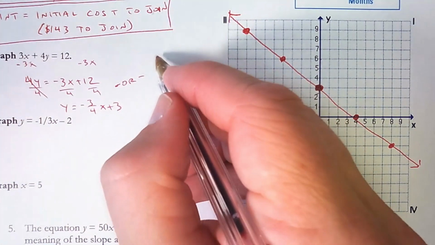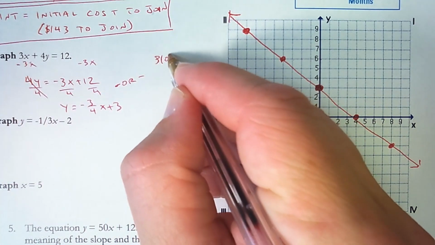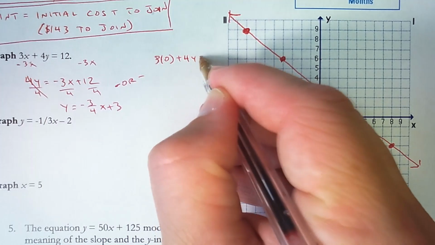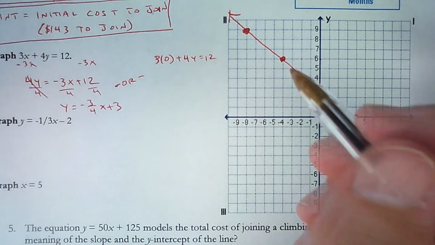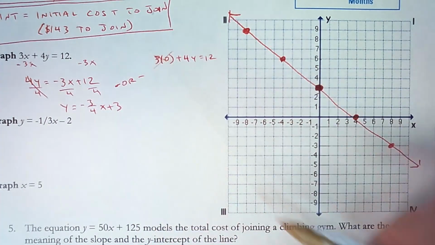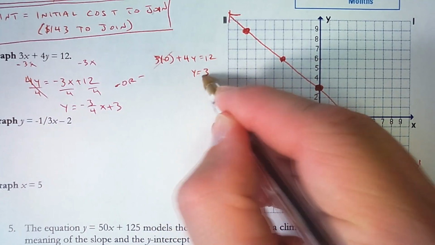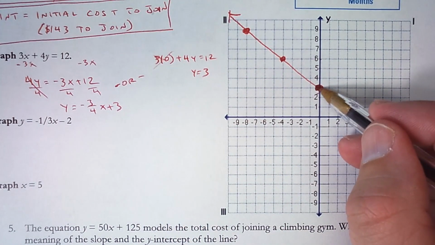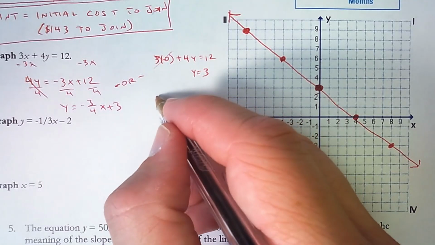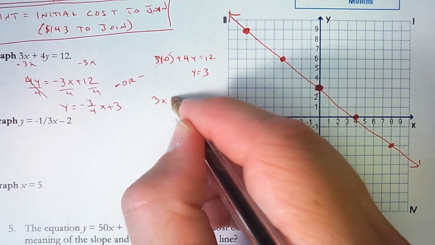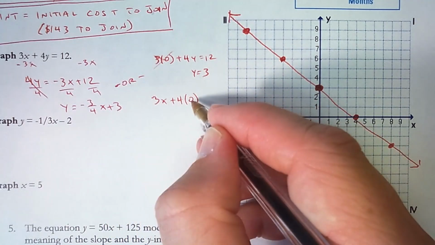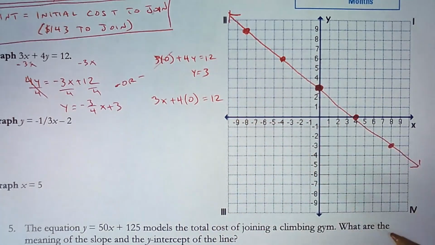Put in a 0 for x, 3 times 0 plus 4y equals 12. And 3 times 0 is 0, so that is gone. And then divide by 4, and I get y equals 3, and there's my y-intercept. Then I could find the x-intercept by doing 3x plus 4 times 0, so I set y equal to 0.